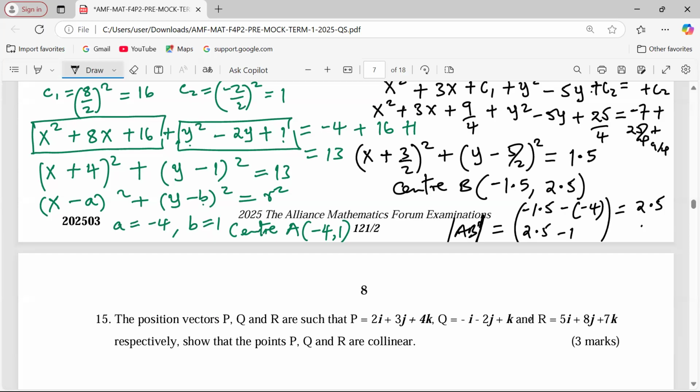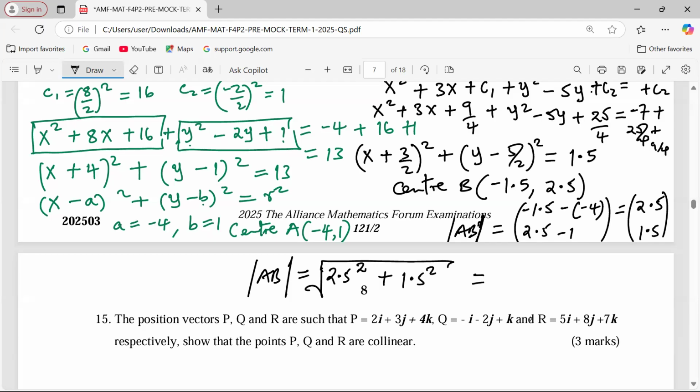Then 1.5. That's the vector. So for us to get the length of AB, we need 2.5 squared plus 1.5 also squared. Then we obtain the square root. So 1.5 squared, 2.5 squared, square root, we are getting 2.915.